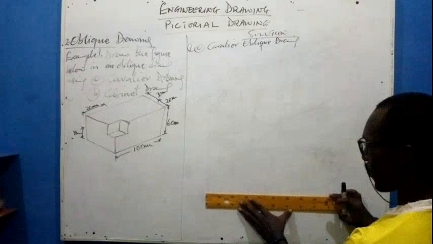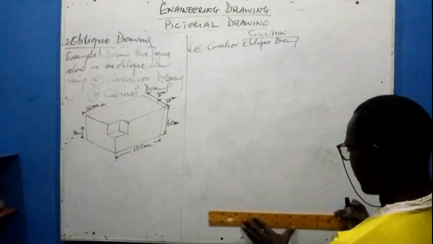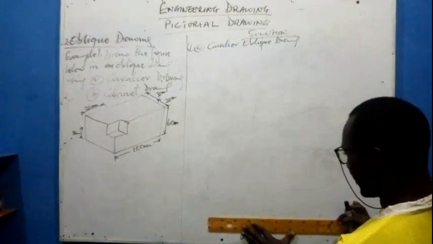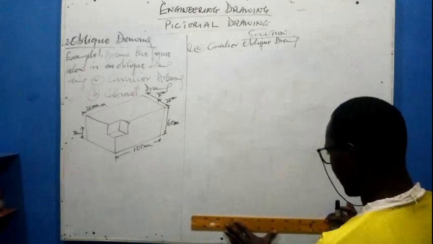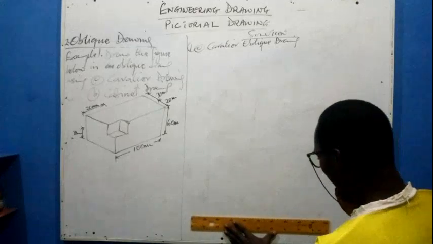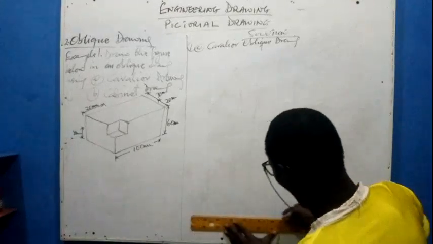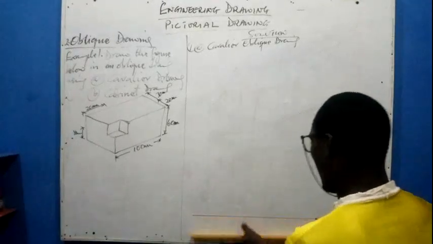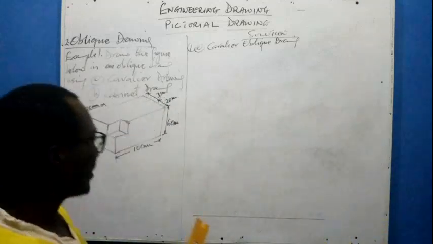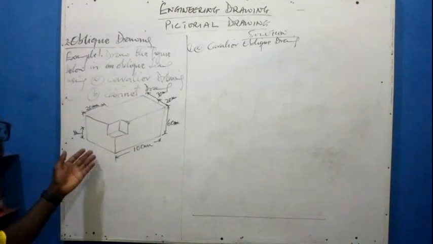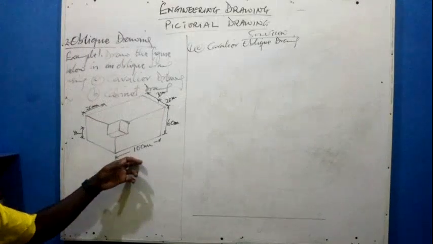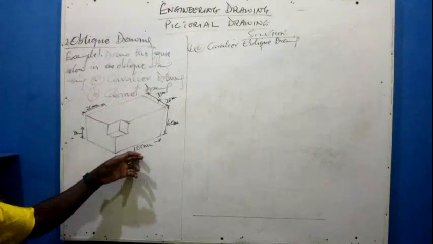This is our horizontal plane, our reference line. Now this is my reference line, and I want my inclined plane to go to the right hand side. So this is my inclined plane.